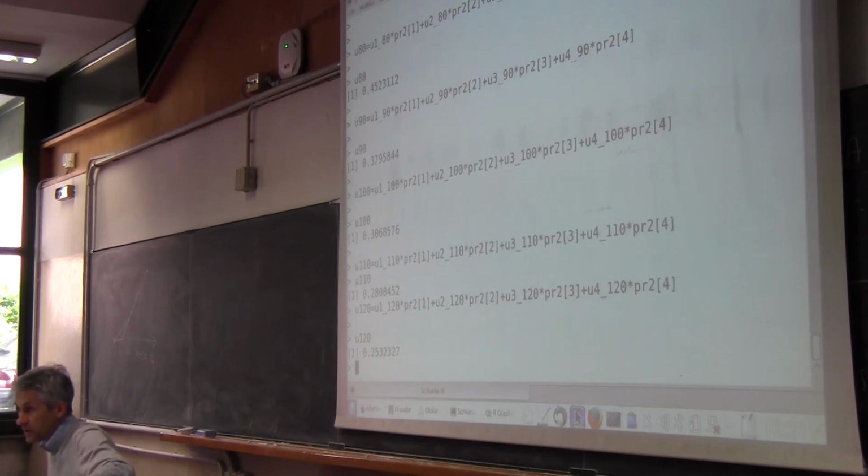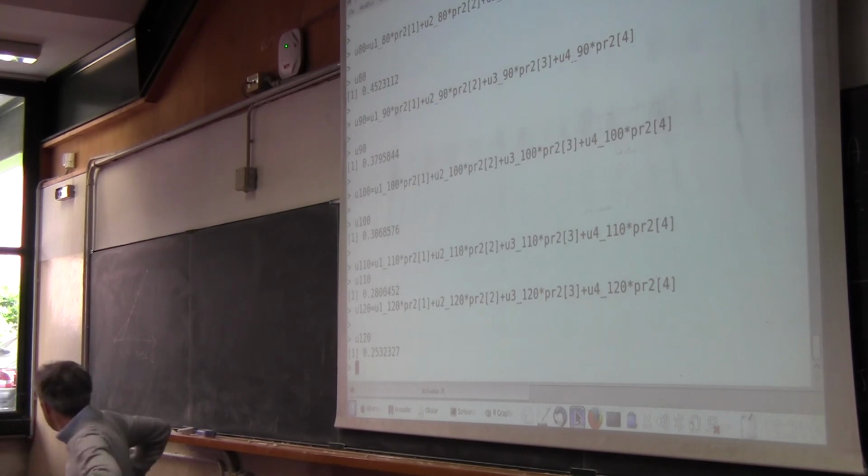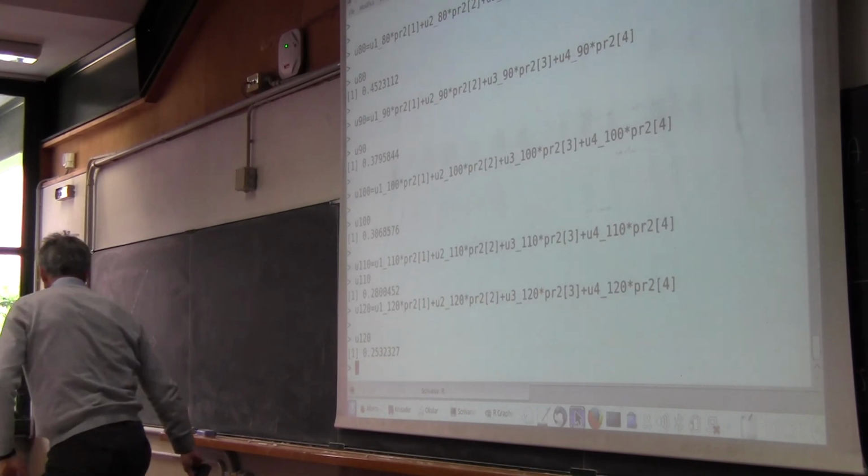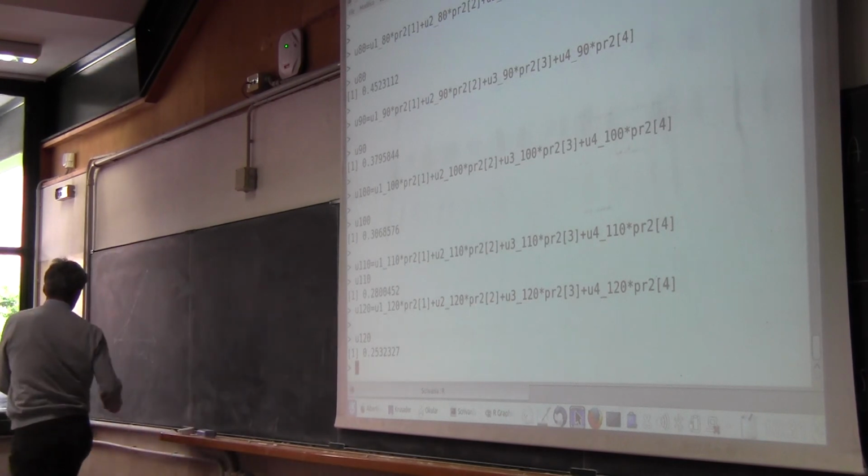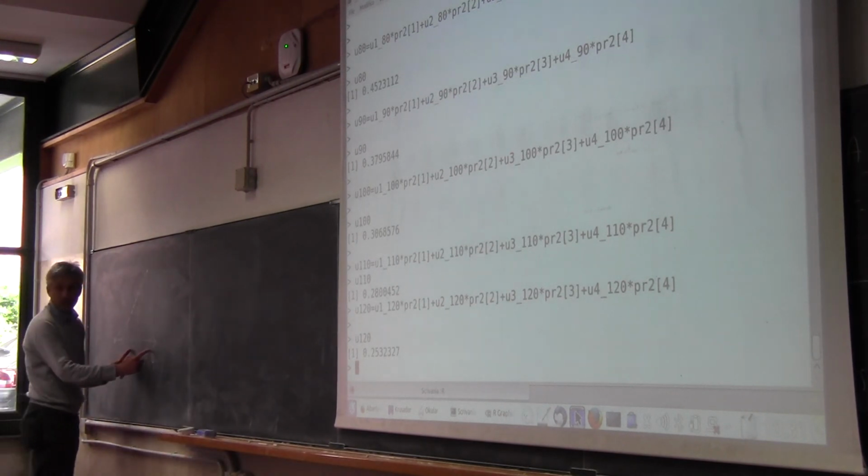Overall, they have a nonlinear shape. So in one range of the possible alternatives, you have one criterion prevailing.